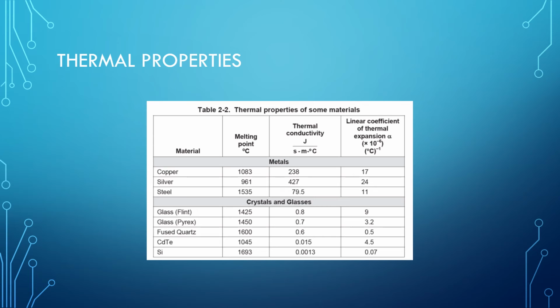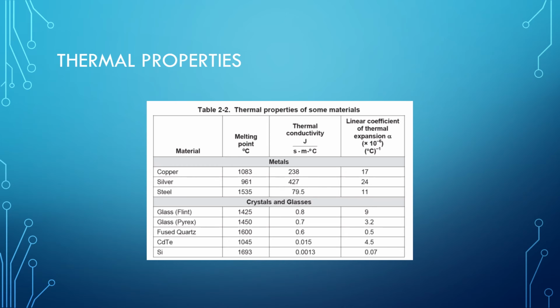So metals in general are very good conductors of heat. If I apply heat to the outside of a metal, the inside is going to get hot fairly quickly because they're such good conductors of heat. And that's why we use metals in things like cooking. Our pots and pans are generally made out of metal because they're good conductors of heat, right?